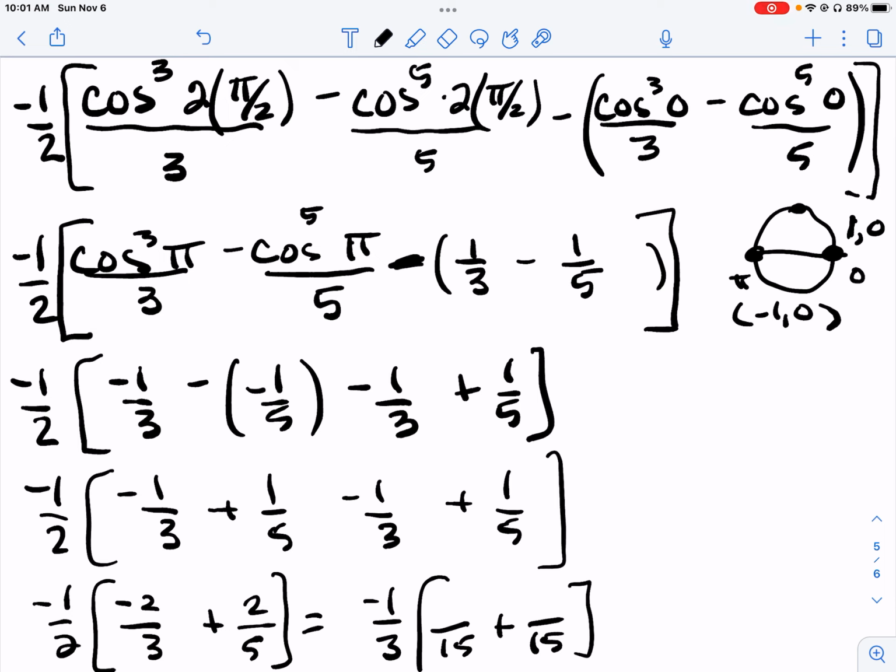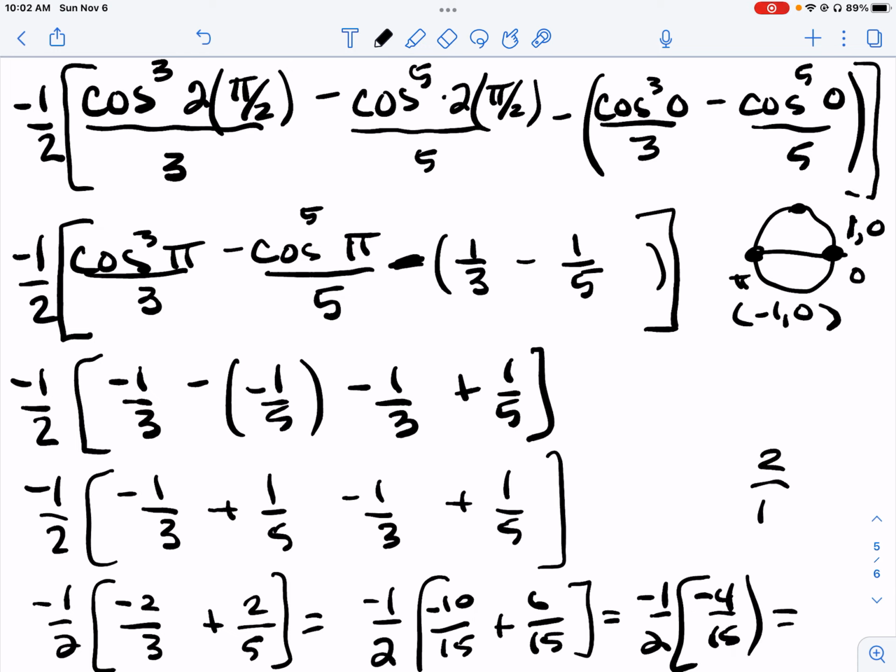So this would be negative 10/15 plus 6/15. Oops, sorry, that's not 1/3 right here. Okay, so that's negative 4/15. So that comes out to 2/15.